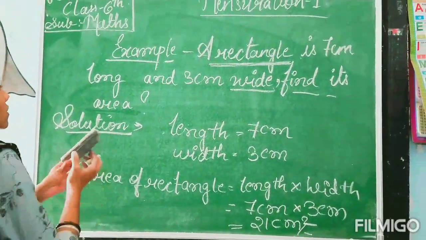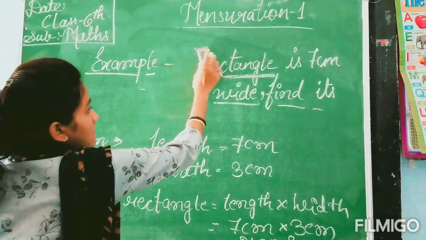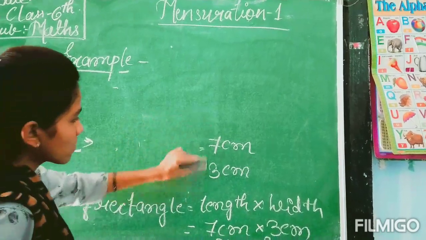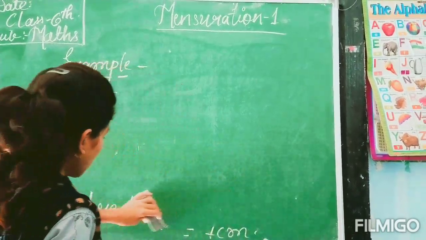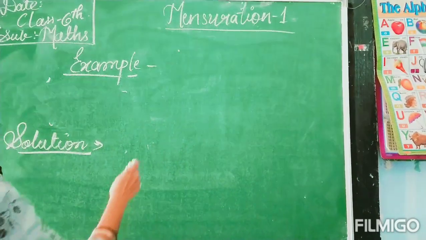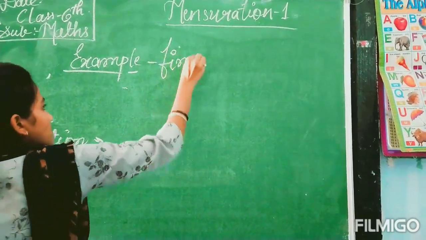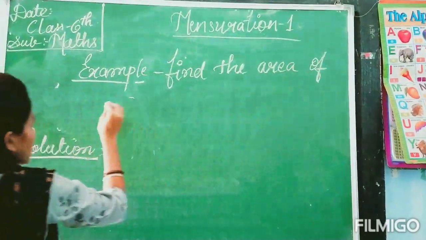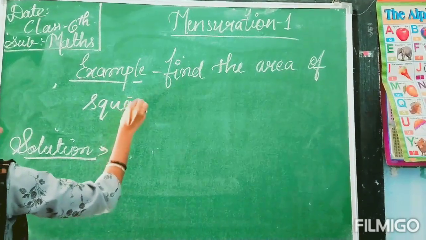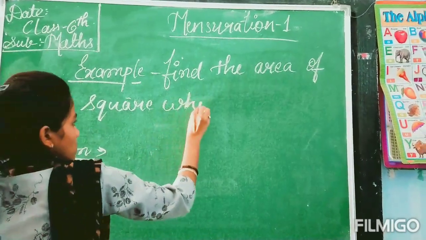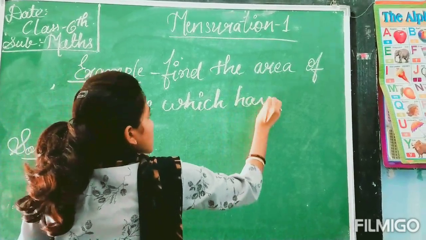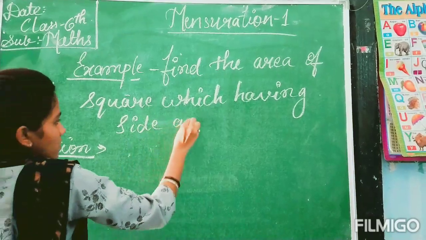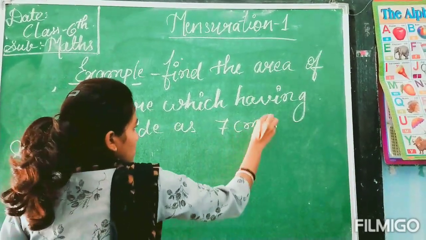Next, area of square. Find the area of square which has side as 7 cm.